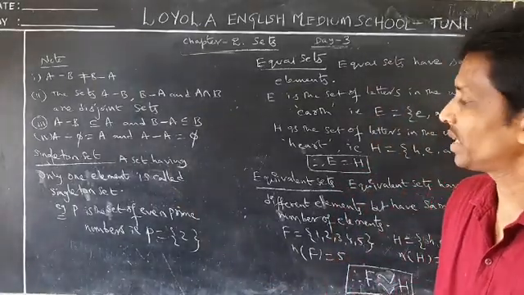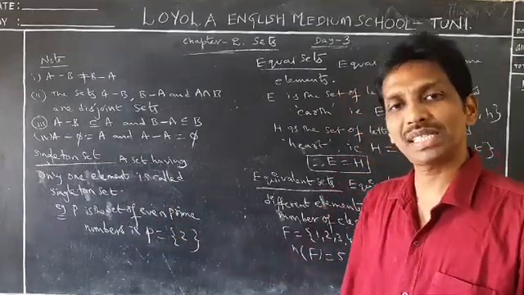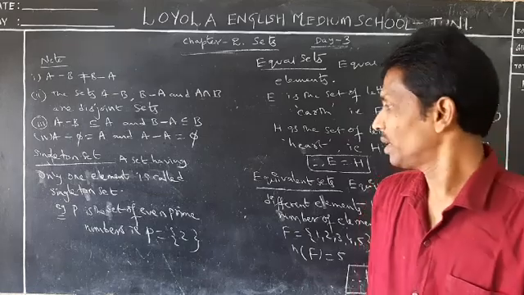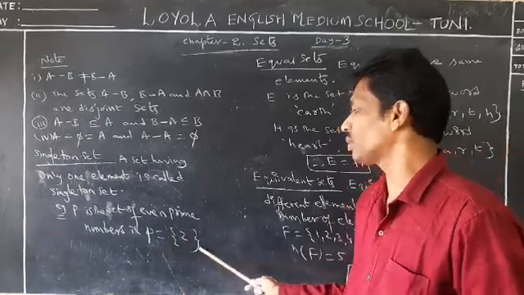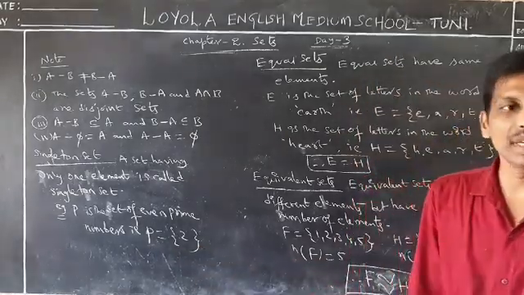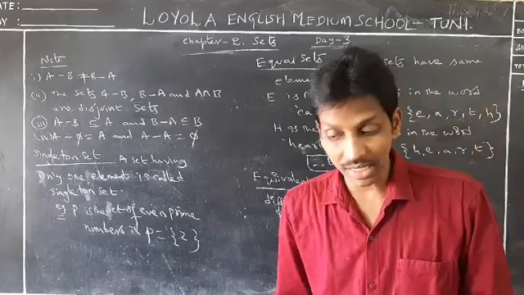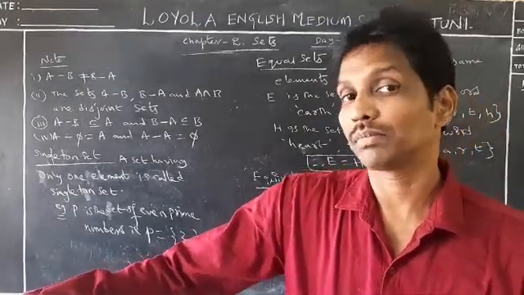P is the set of even prime numbers. That is, P is equal to the set of all 2. Prime numbers are 2, 3, 5, 7, 11, 13, 17, 19, 23, 29, 31 and so on.